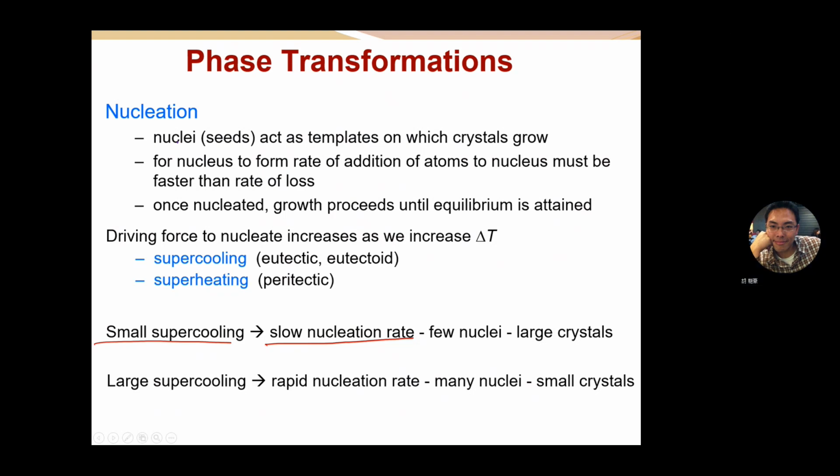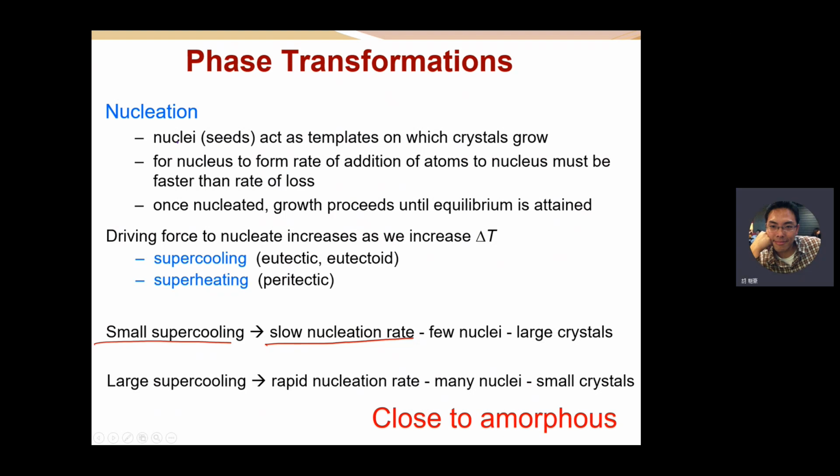And if we cool alloys very quickly, what's going to happen? Many nuclei form, with small crystals. Okay, that's close to amorphous.